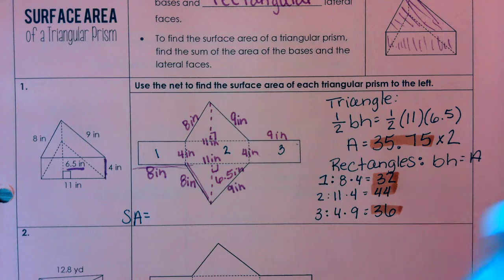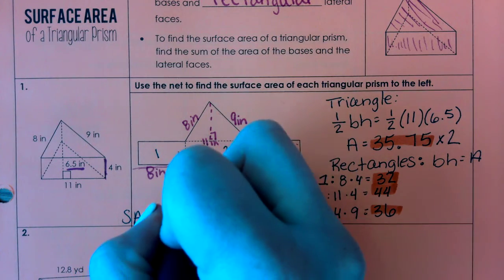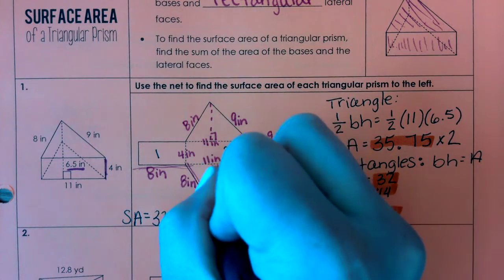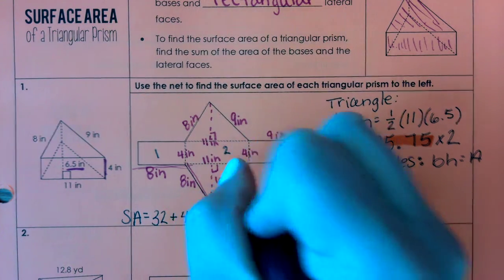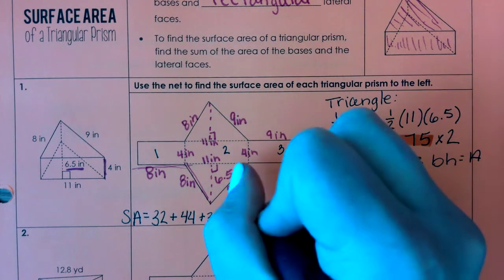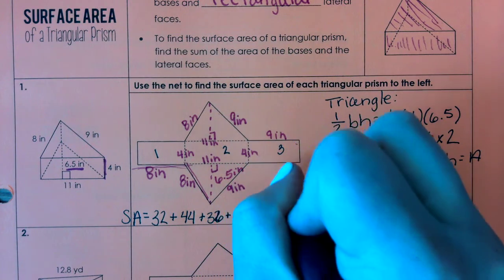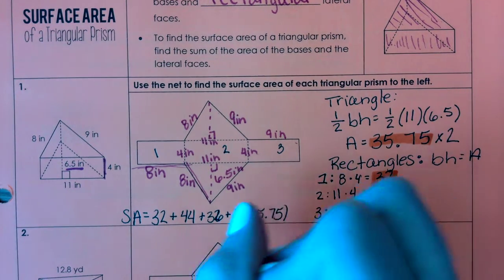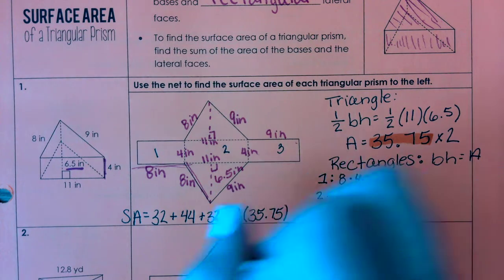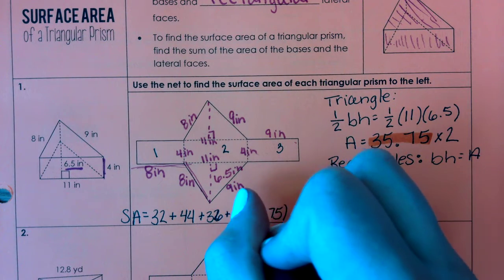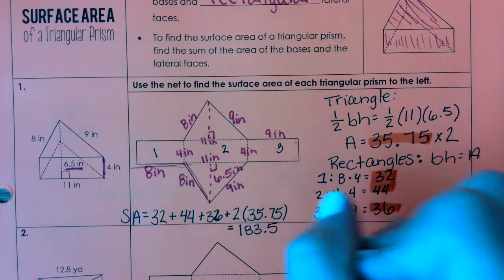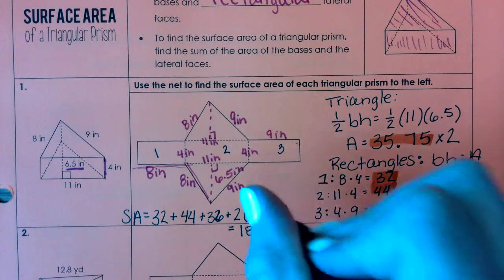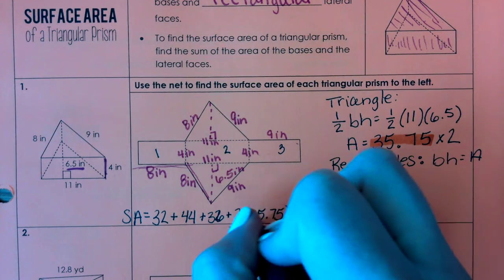The surface area of my prism, I'm going to take 32 plus 44 plus 36 plus 2 times 35.75. And that's going to get me an answer of 183.5. And this is in inches. And how do I represent an area? Inches squared. So there's that answer.